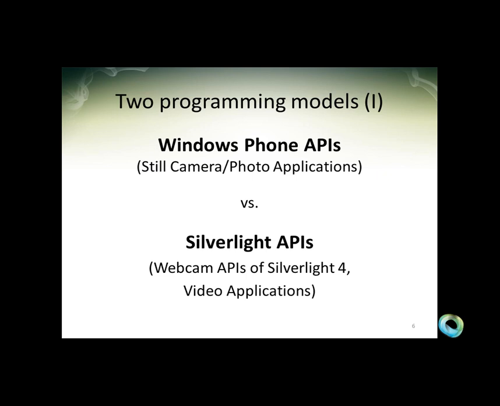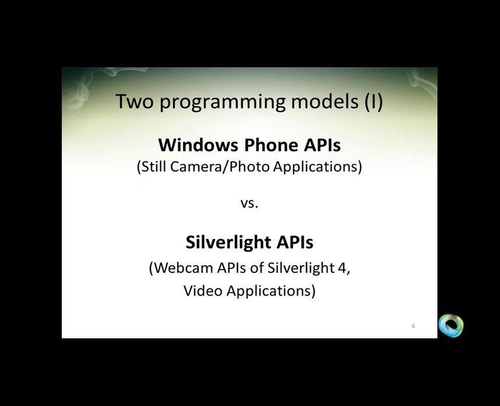And then we have a second set of APIs that is compatible with the APIs available on the desktop in Silverlight 4, and these are the webcam APIs that are meant to be used for video applications.